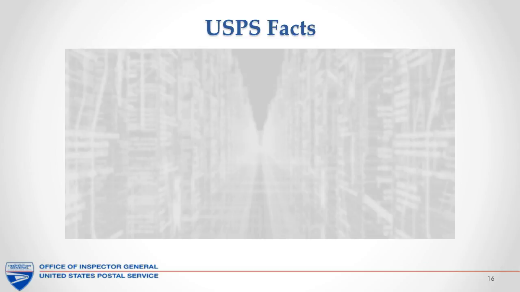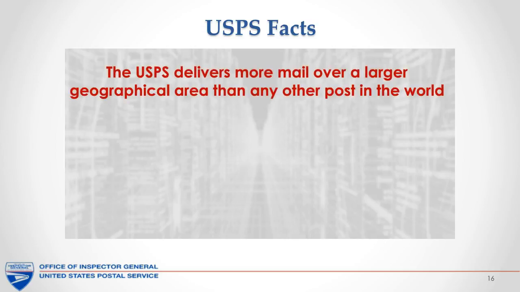So I'm sure all of you are very familiar with the Postal Service, but I want to give you just a few fun facts so you can start to really think about how you can visualize Postal Service data. A fun fact that I thought was very interesting is that the Postal Service delivers more mail over a larger geographical area than any other post in the world.